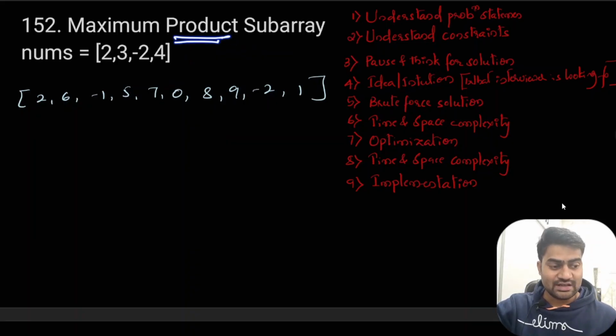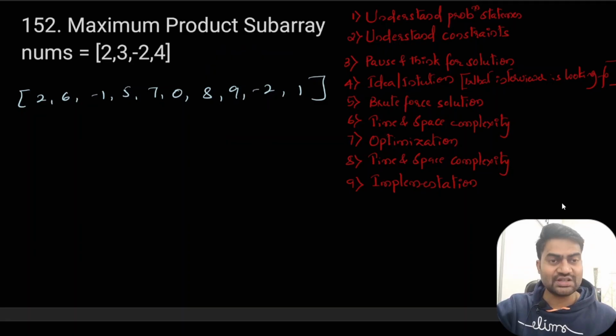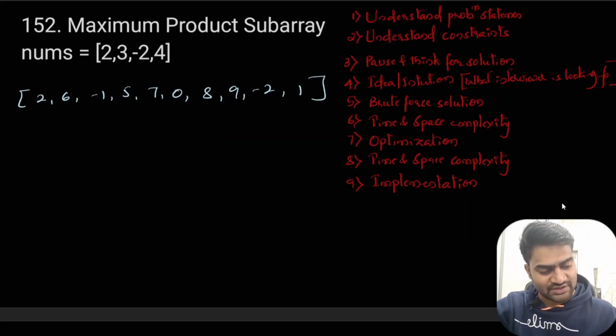The brute force and the better solution will be the same as in the previous problem. Only the variation will be in the optimal solution. So I recommend you go back and watch that video. I will cover the brute force and better solution as quickly as possible in this video.